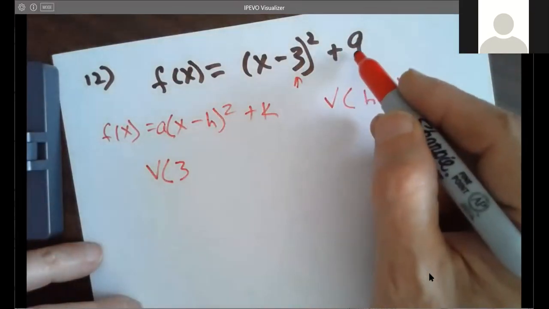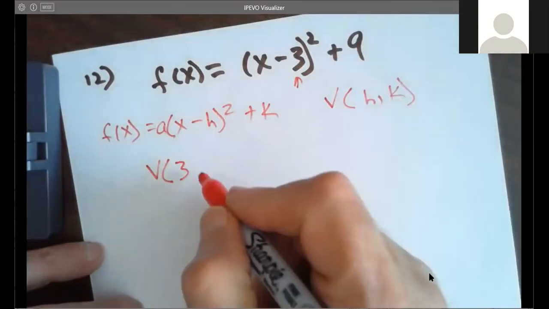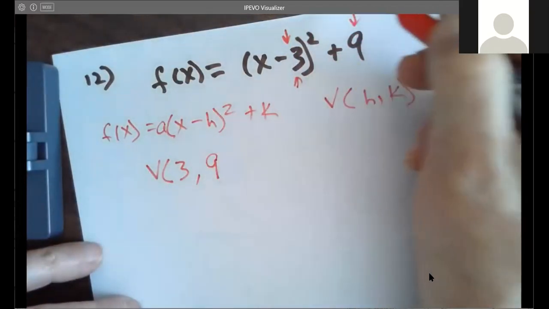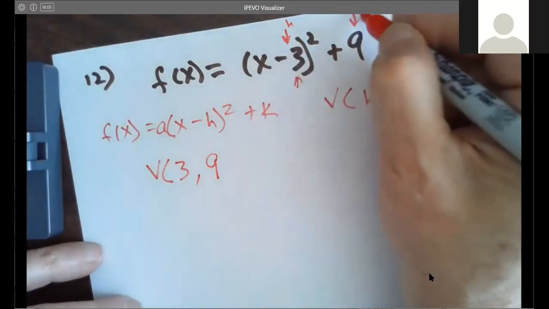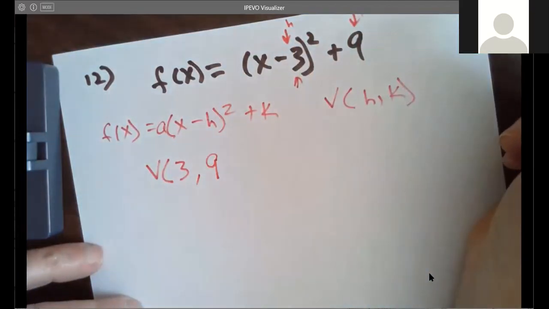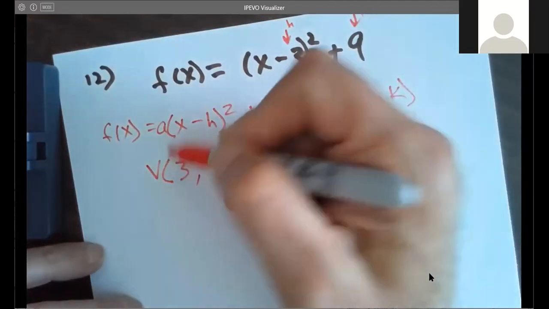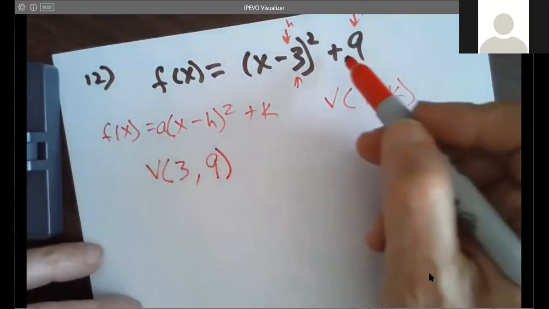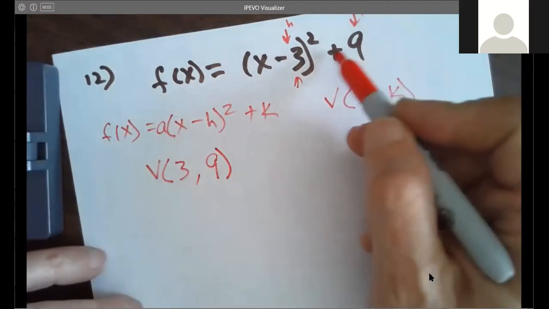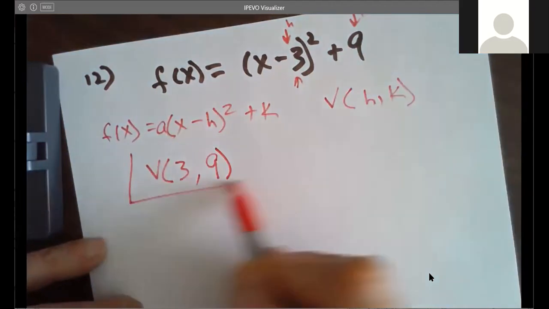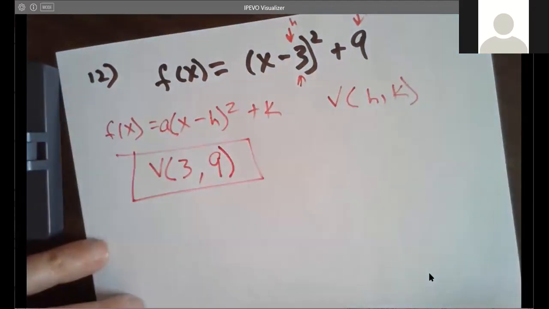And because this shifts up 9, this will be positive 9. So we're looking at these two numbers for h and k. Whatever is opposite of what's in the parentheses is going to go inside for the vertex. Outside the parentheses is going to be the same sign. So this is our answer for 12.